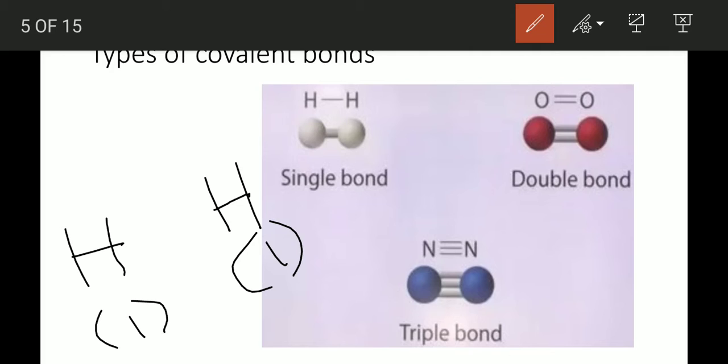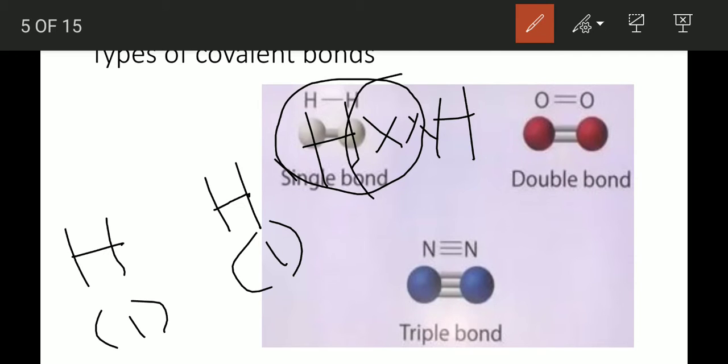This hydrogen cannot donate its electron, because if it donates one electron, its electrons will finish, it will become 0. That's why it will not donate an electron. The other hydrogen also has one electron but also cannot donate it. That's why both share their electrons, something like this.